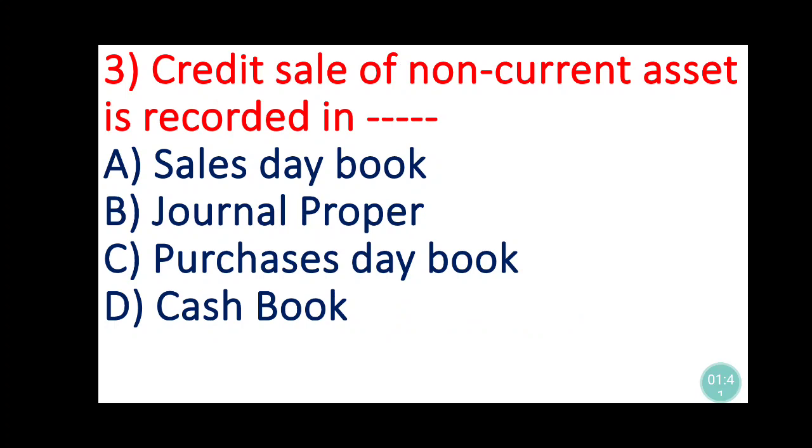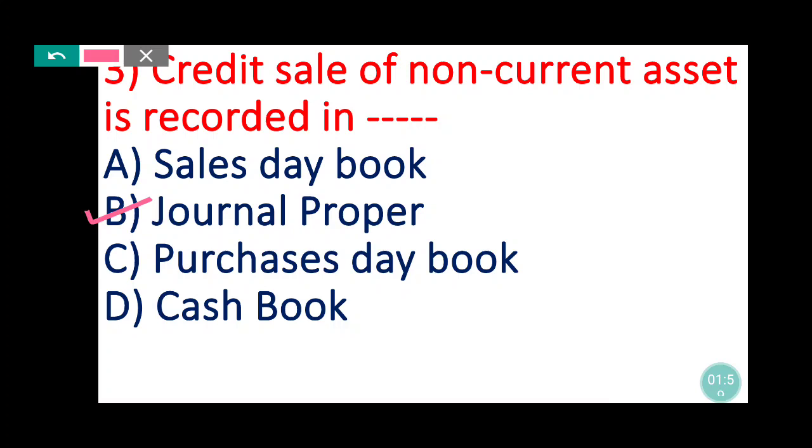Third one, credit sale of non-current asset is recorded in journal proper. We saw in the last video which type of transactions come in journal proper.